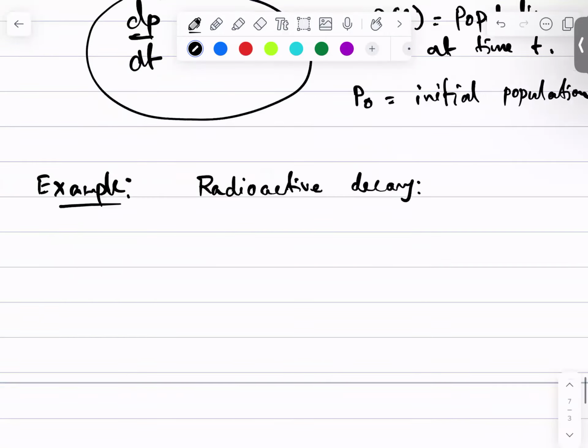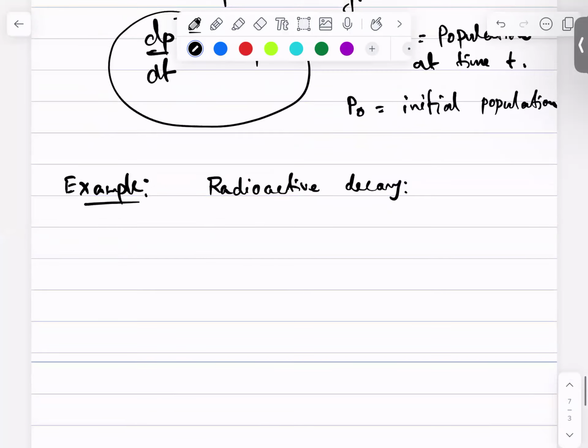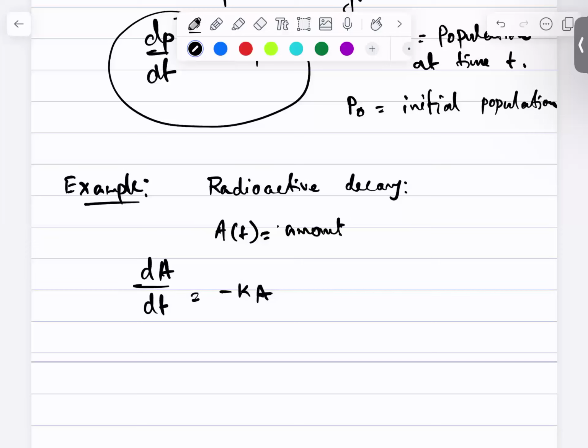In physics, if you try to get the differential equation for radioactive decay, most of the time you'll get dA/dt is minus kA, where A(t) is the amount left after t days of a radioactive particle, and A naught is the initial amount.